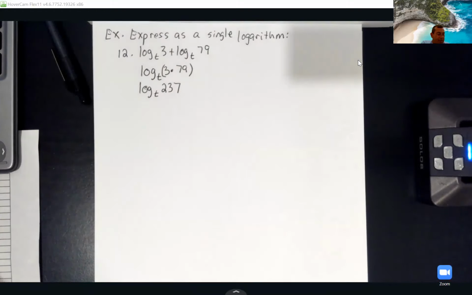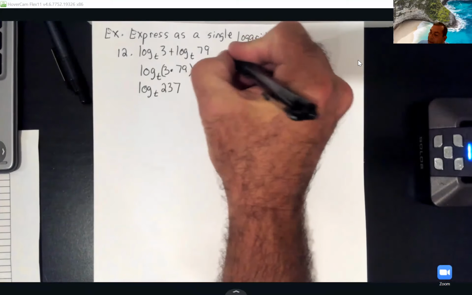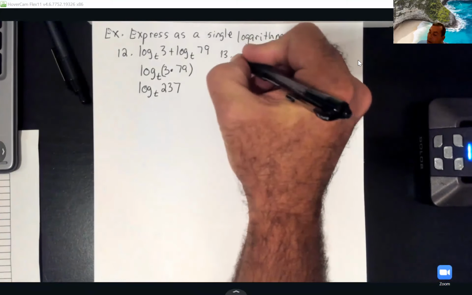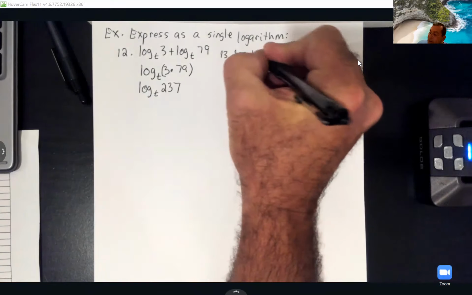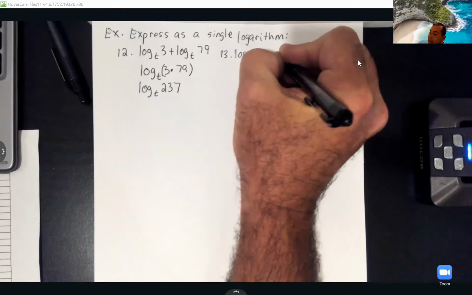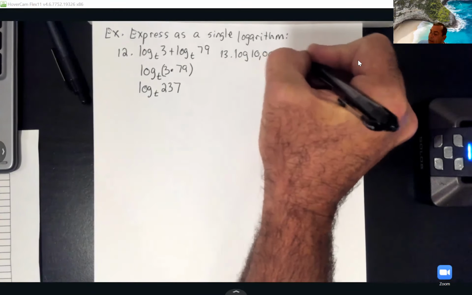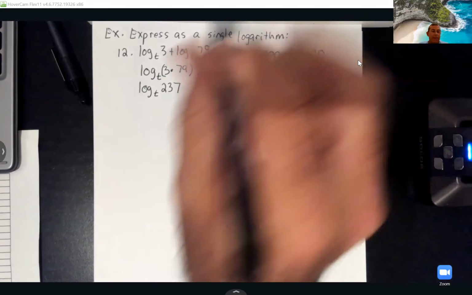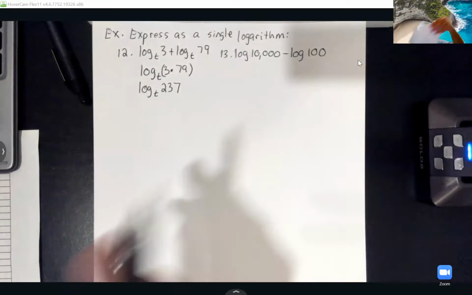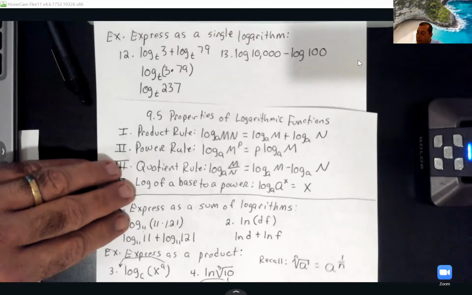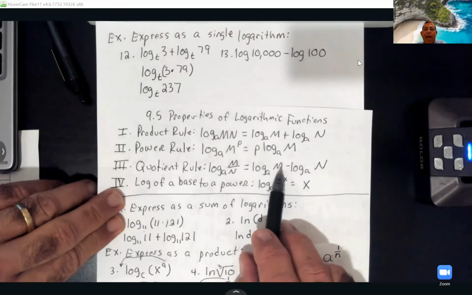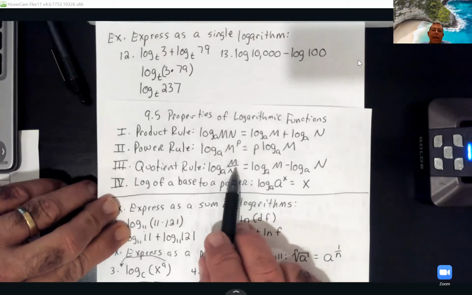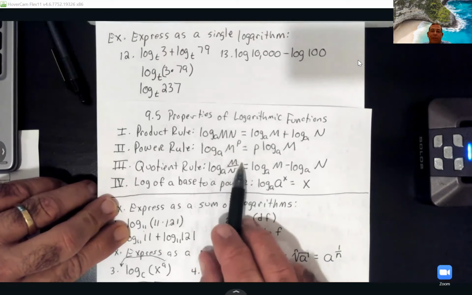All right, let's see this one. 13. I got log of 10,000 minus the log of 100. So since they're being subtracted, look at this. When they were being subtracted, they came from a quotient.